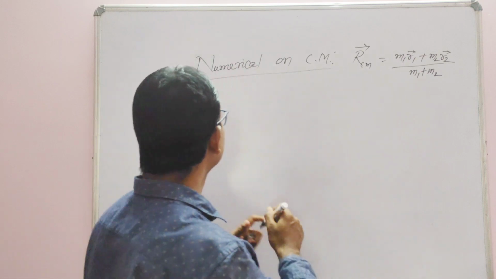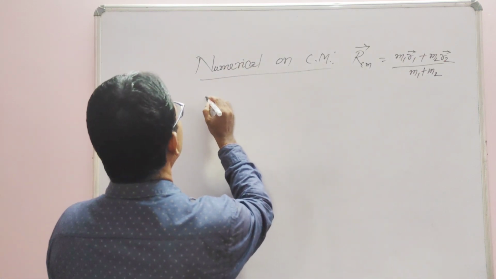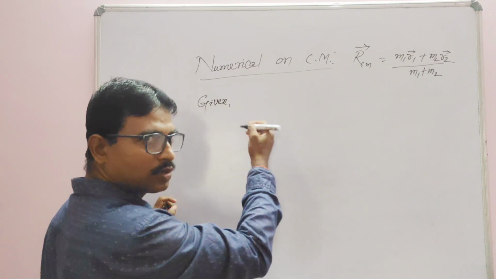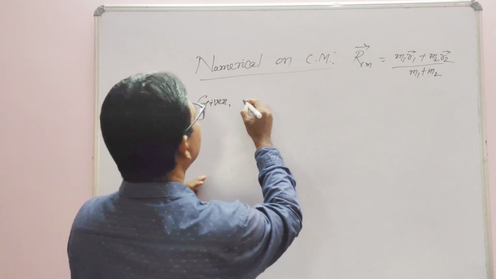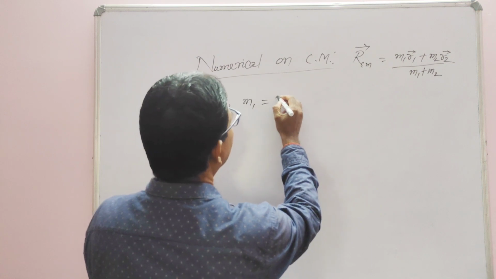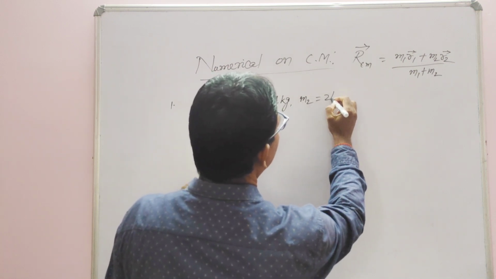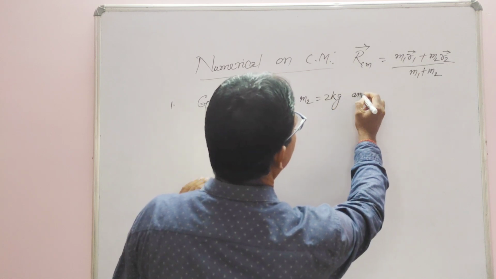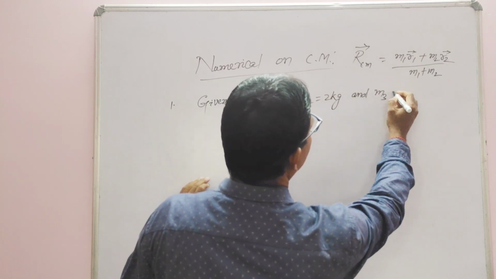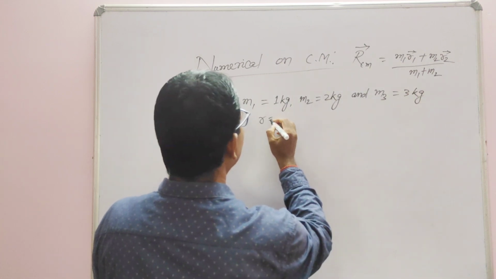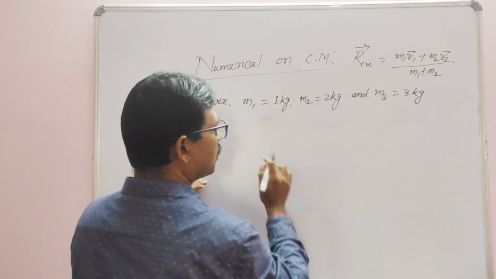Okay, so given: I am not writing the question, I am repeating it. Given M1 is 1 kg, M2 is 2 kg, and M3 is 3 kg. R is the distance, you will understand after drawing the figure.